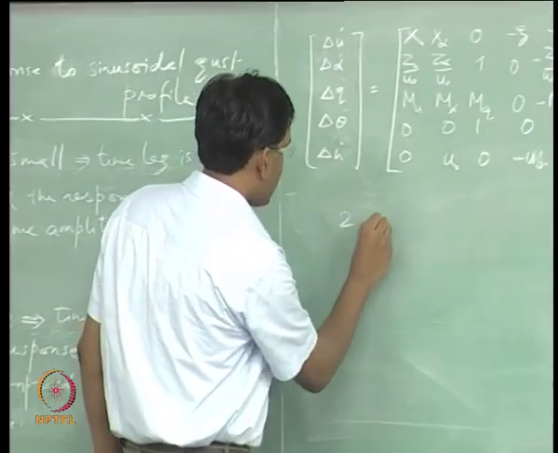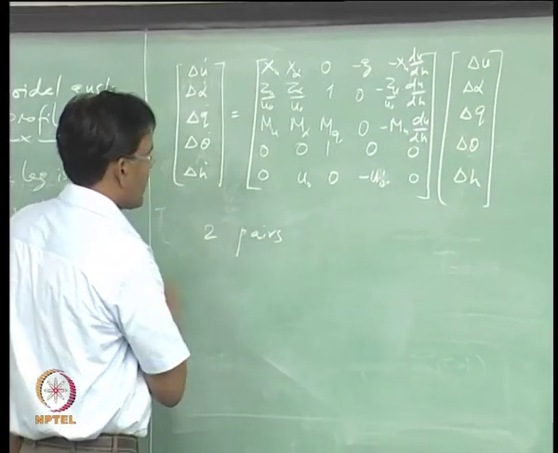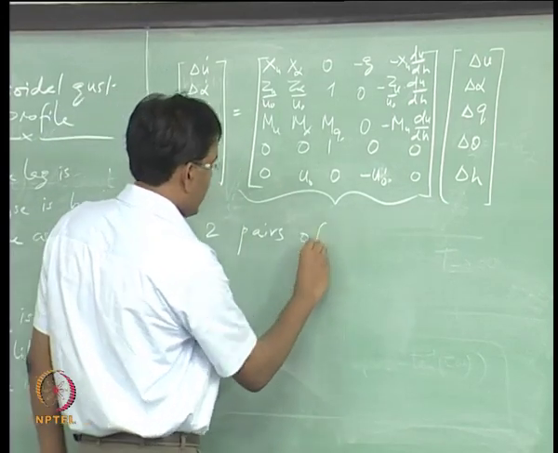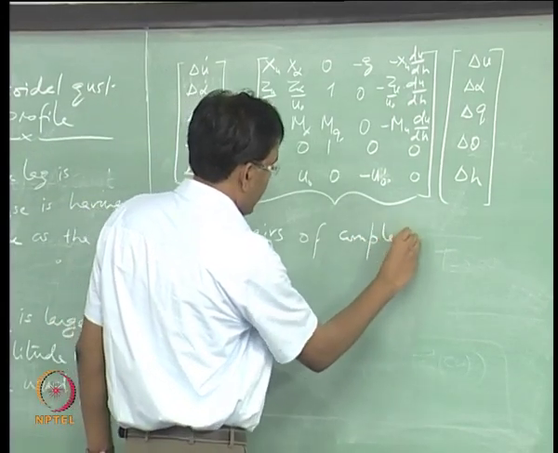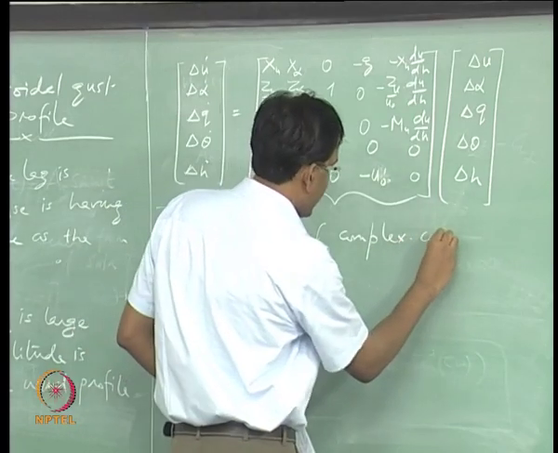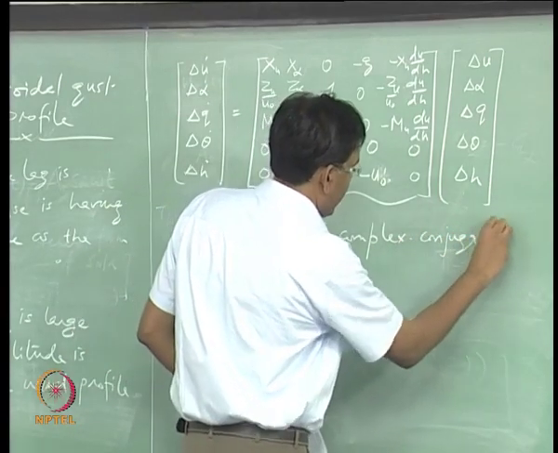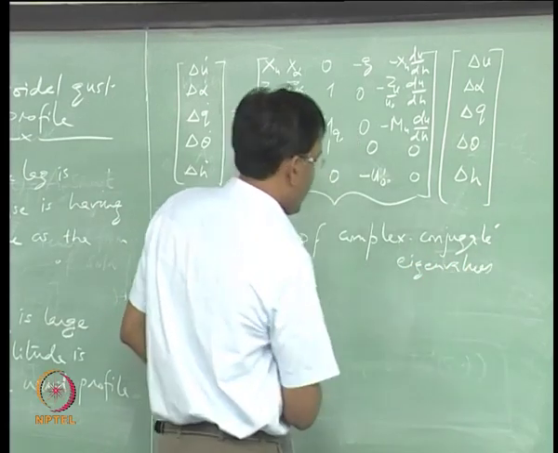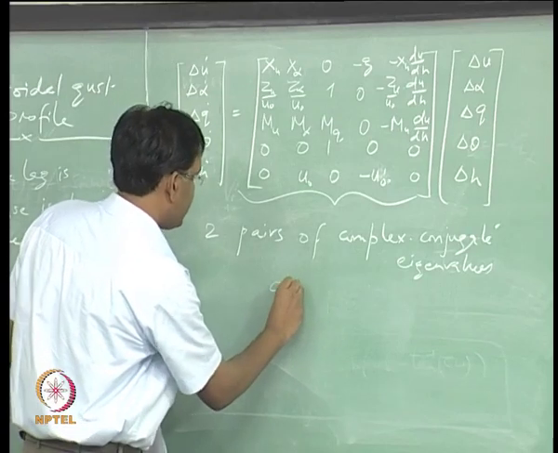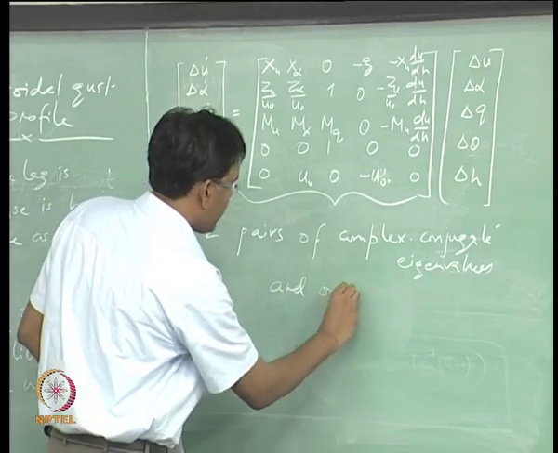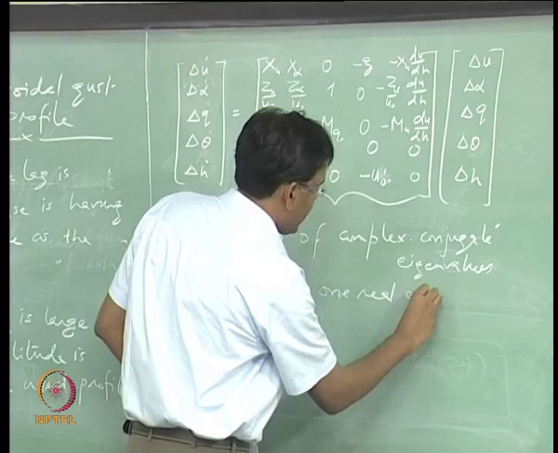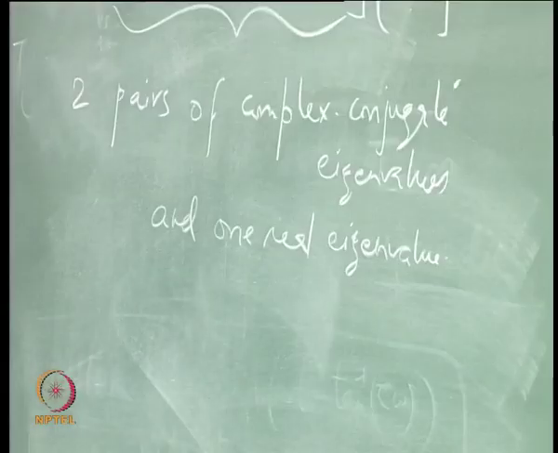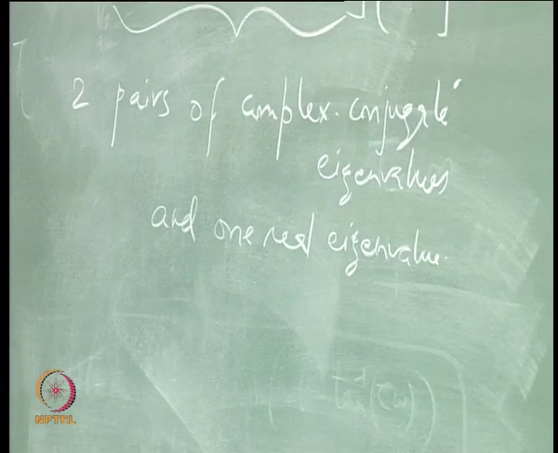So now eigenvalues of this matrix are two pairs of complex conjugate eigenvalues and one real, meaning non-oscillatory.